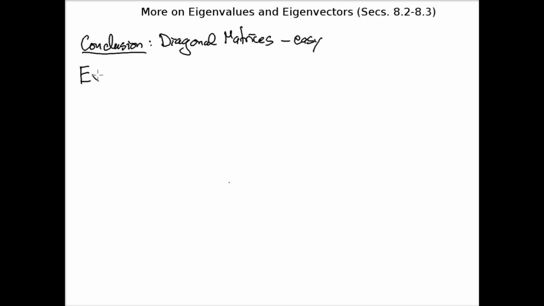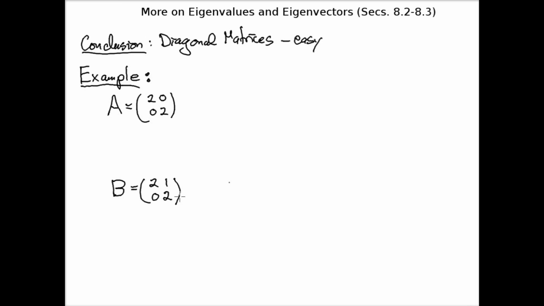And let me illustrate that not all matrices are quite that easy. So I'm going to do 2 examples. A is equal to the diagonal matrix 2, 0, 0, 2. And B is the matrix 2, 1, 0, 2.